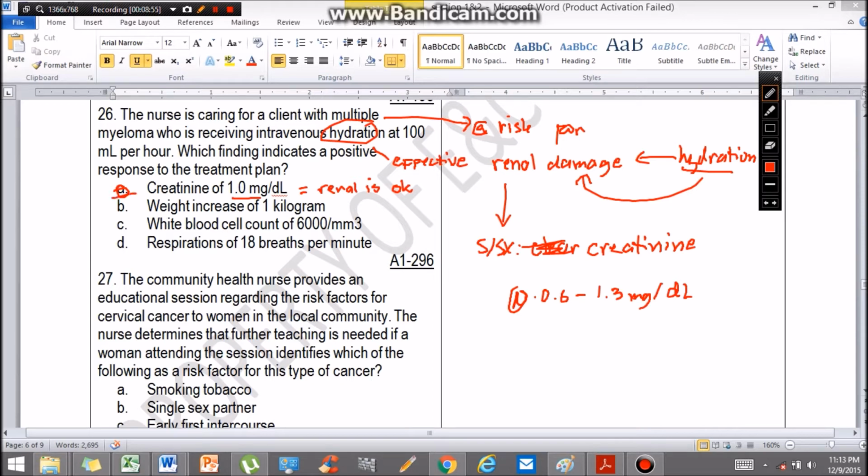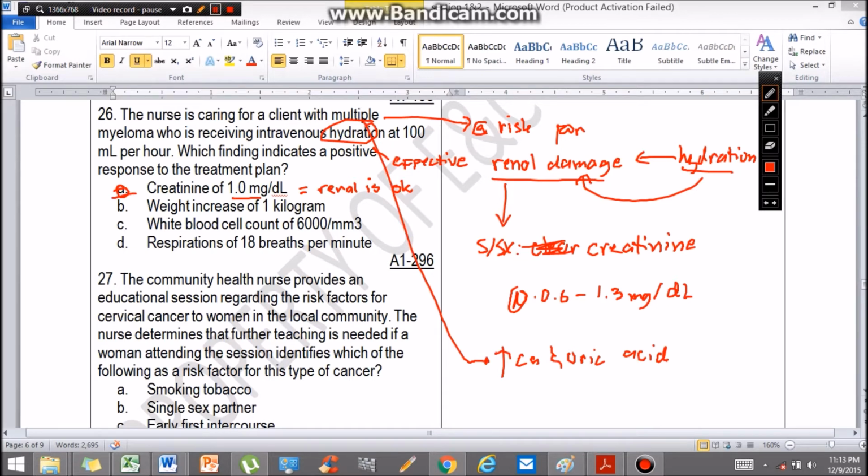Therefore, the answer is letter A. Now, you might be asking, why will multiple myeloma develop renal damage? In multiple myeloma, remember that clients have increased calcium and uric acid, and these substances can cause damage to the kidney.